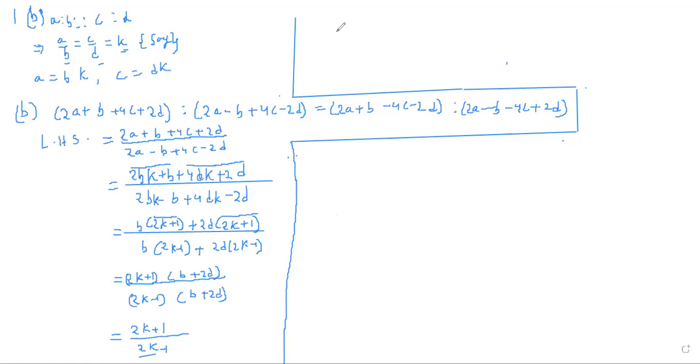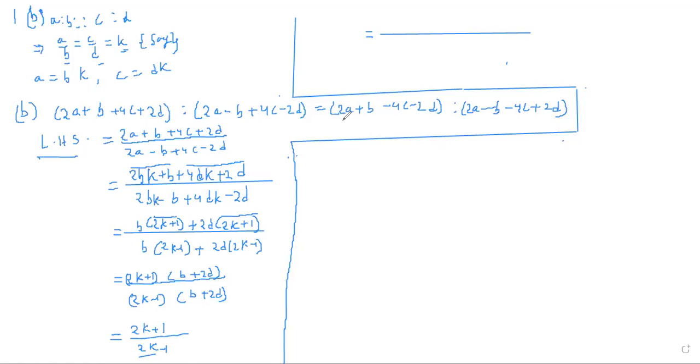Though that method is also correct, if you are not getting anything, then you can solve the question with that method also. But to make the concepts clear, we have to use the proper method. Always try to prove starting from LHS and ending at RHS.